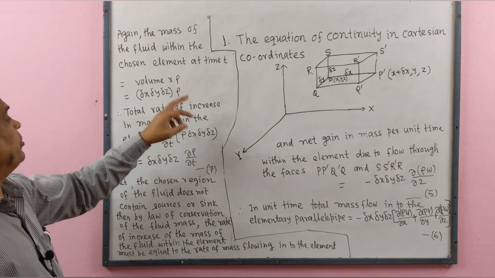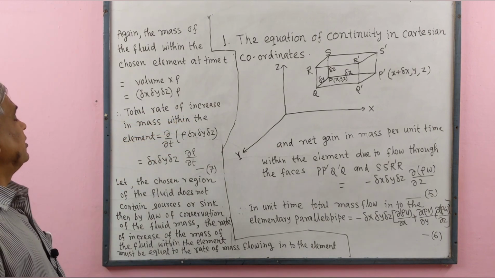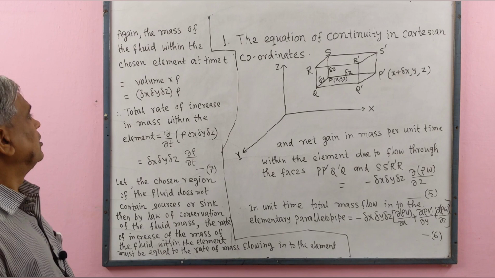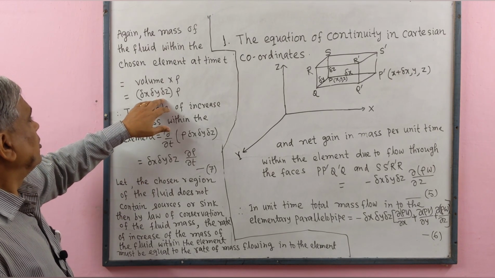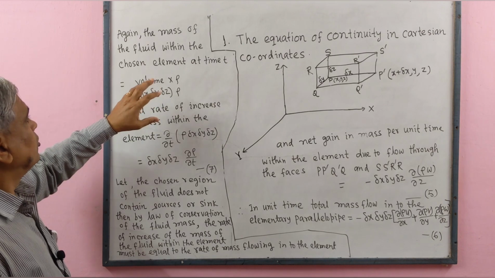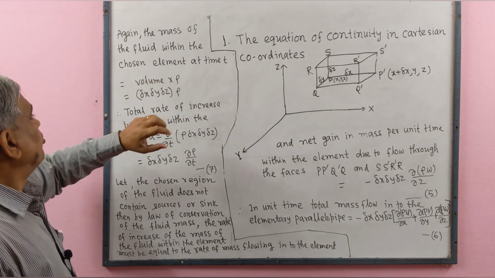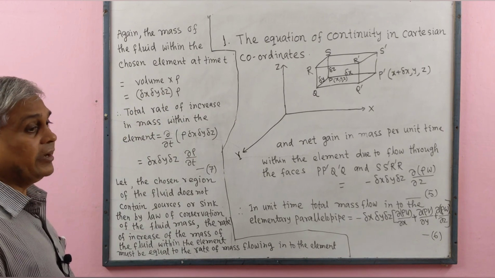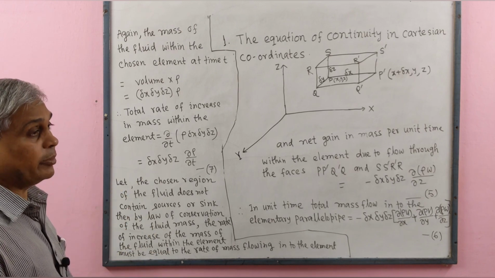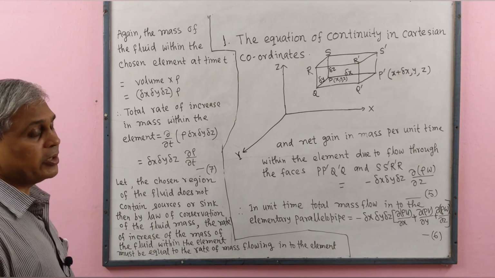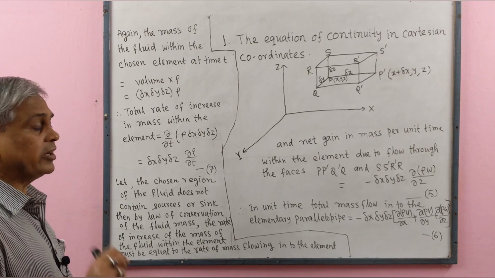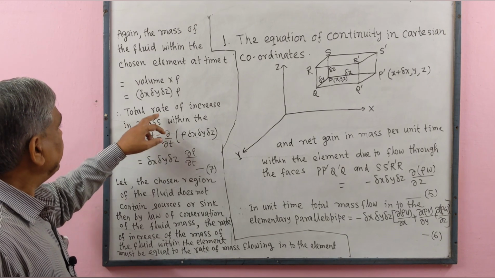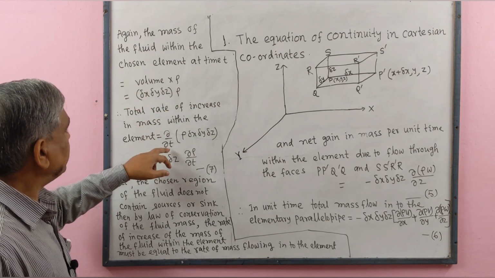Therefore, the total rate of increase in mass within the element, in unit time, will be equal to the differentiation of this amount with respect to t.